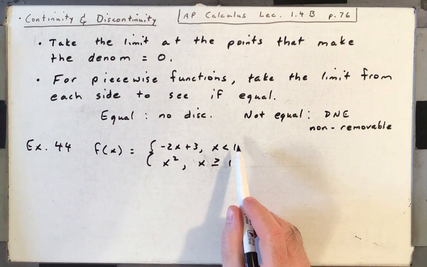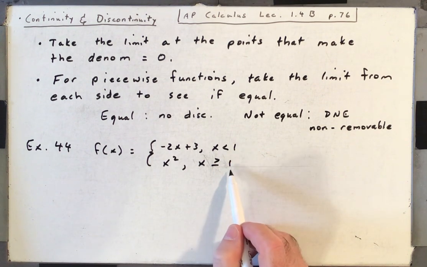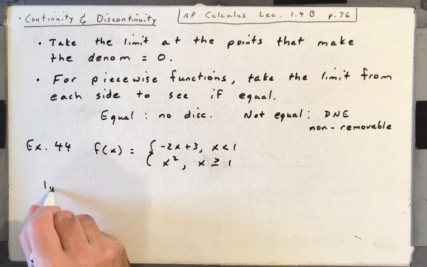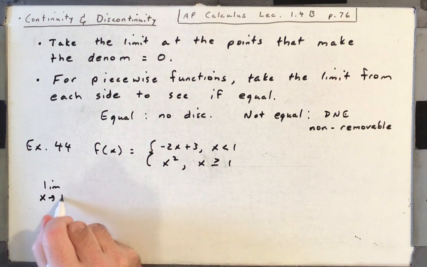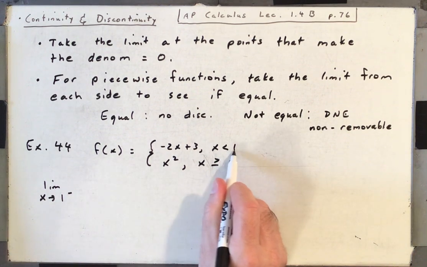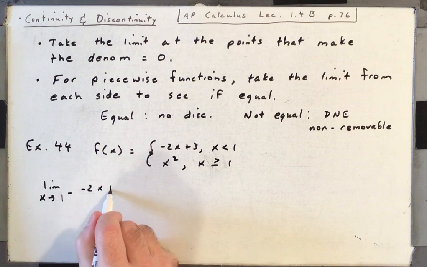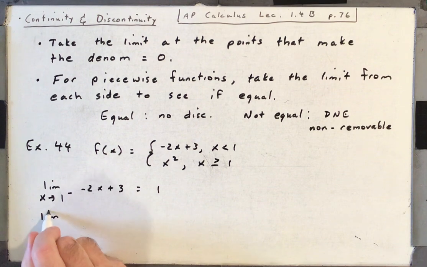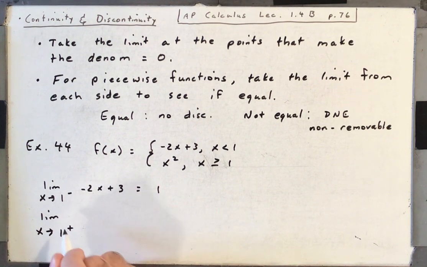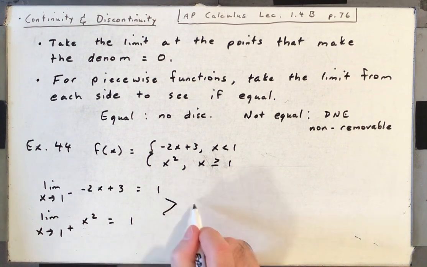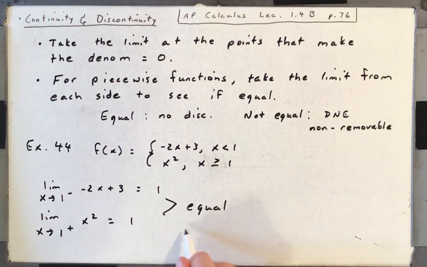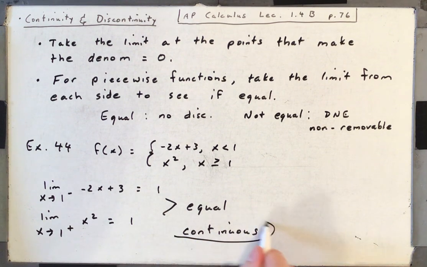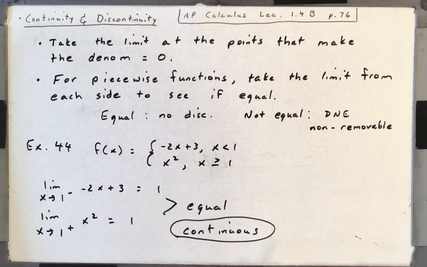Well, there's only one spot there could be a discontinuity, and that's at 1. So let's take the limit as x approaches 1 from the left, because it's less than 1 right here, of negative 2x plus 3. You plug in 1, negative 2 plus 3 is 1. And we'll take the limit as x approaches 1 from the right of x squared, plug in a 1, and you get 1. So they are equal, so it is continuous. On that one, there's no discontinuity.